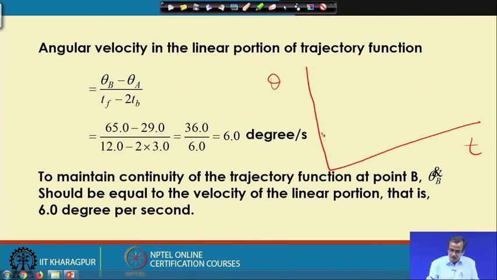Supposing that this is the initial position of theta, and the next point could be here, the next point is here, the next point is here. So, this could be the goal and this could be the starting.